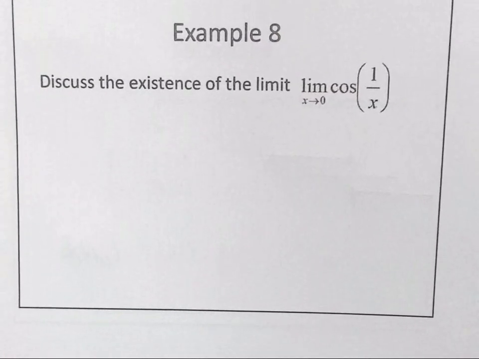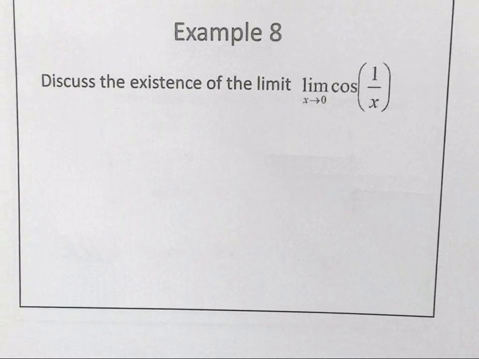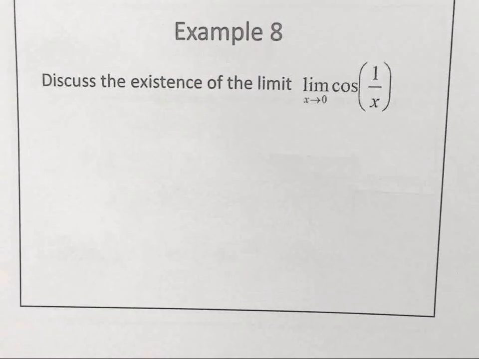What would be the limit as x approaches 0 of cosine of 1 over x? Well, what does this graph look like? What's it look like?